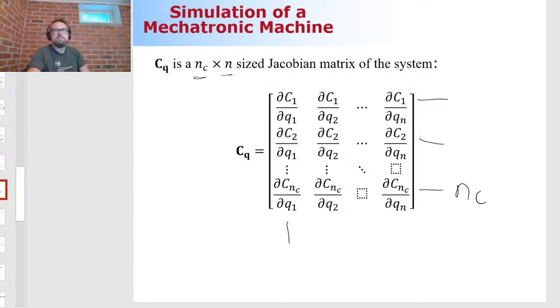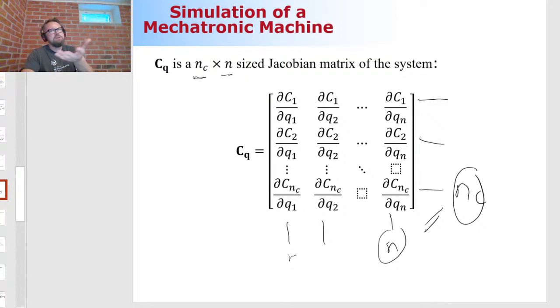Columns correspond to the number of generalized coordinates. In the case of kinematic analysis, this matrix will be square, meaning an equal number of rows and columns, because nc and n are equal. The number of constraint equations is equal to the number of generalized coordinates.